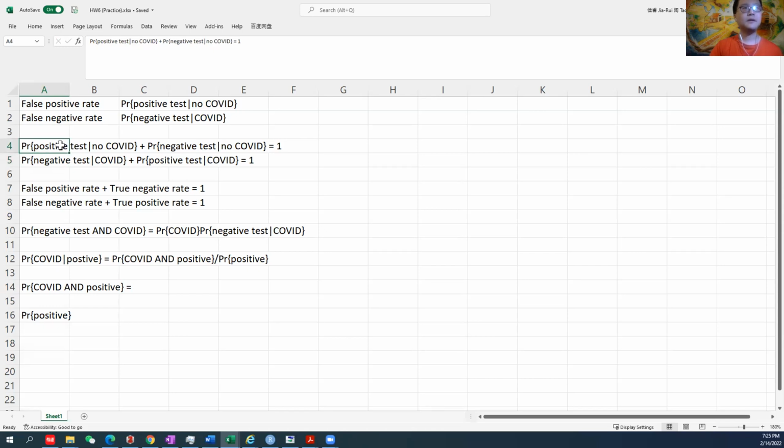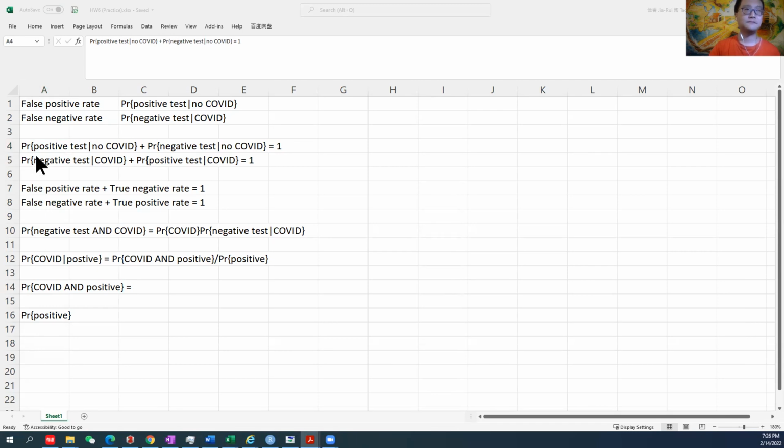Some other students found the complement using 1 minus this false positive rate, but this quantity needs some examination so that we are sure we understand what it is. In question 2, we are given the false positive rate was 1%. If we use 1 minus 1%, the remaining would be 99%. But what does this 99% represent?